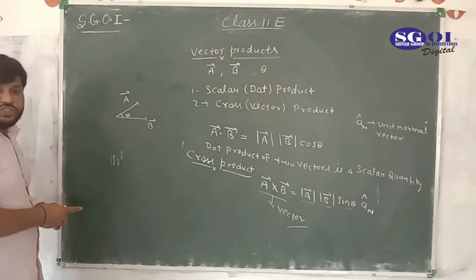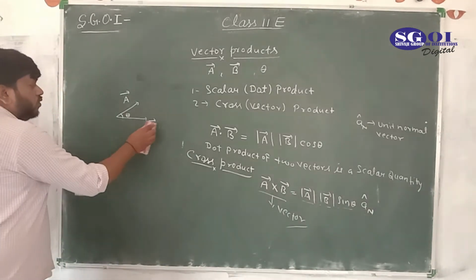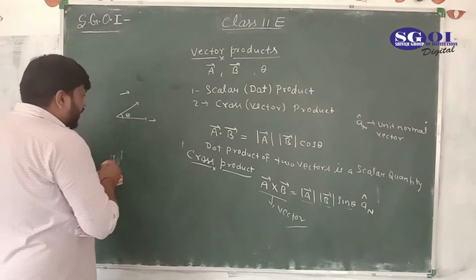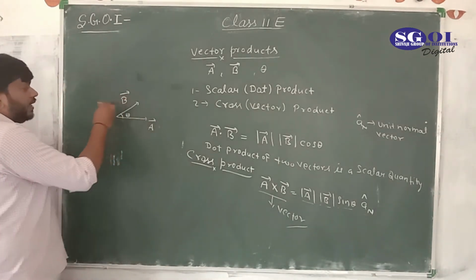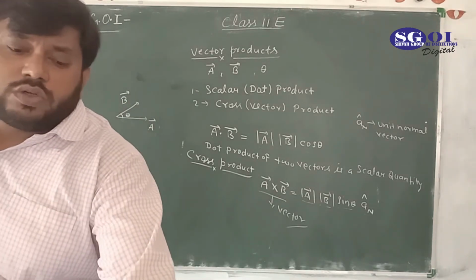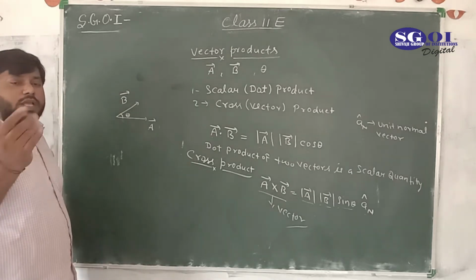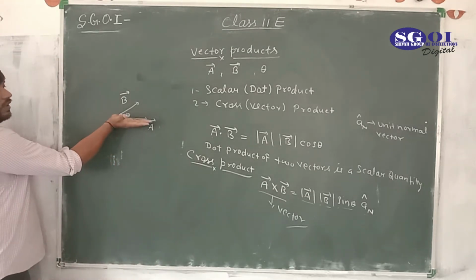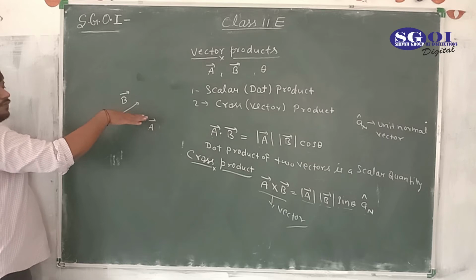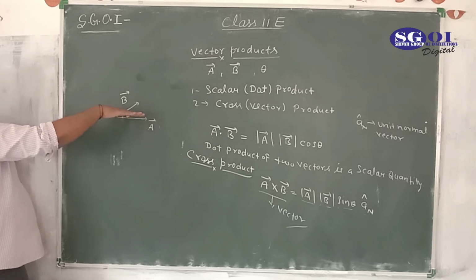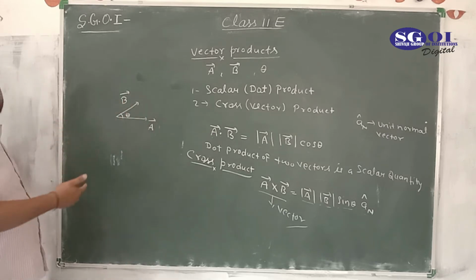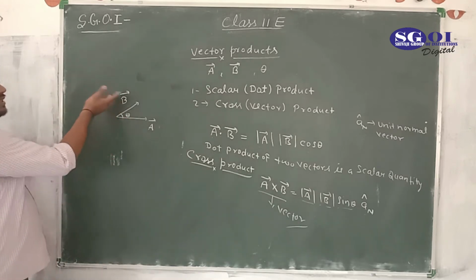Suppose you change the vectors and you have taken vector A here and vector B here. Now what would change? Let's see. Now how do you place your hand? Like this or like this? If you place your hand like this, then it is not moving towards B because B is in the upward direction.